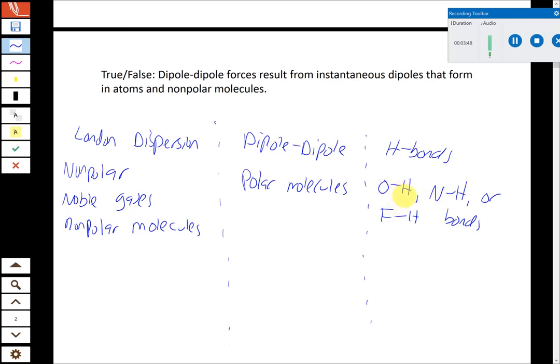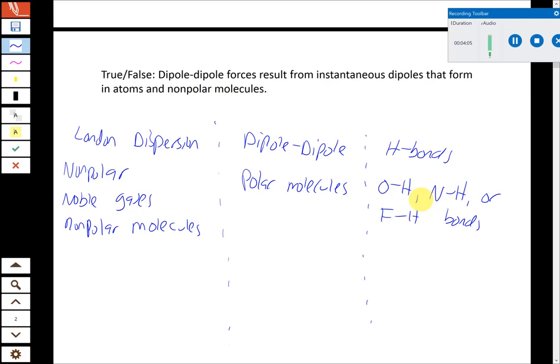Hydrogens are very small, so they can pack together very closely, and we call that hydrogen bonding, which is essentially just a stronger dipole-dipole interaction. There's no real distinction between these except for the types of molecules that are involved. That's distinguishing which substances would have these.